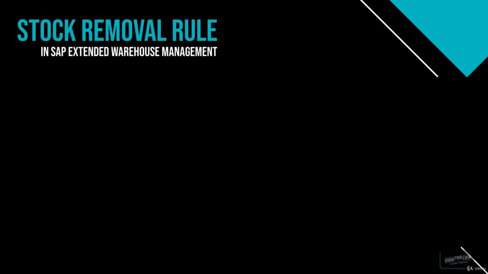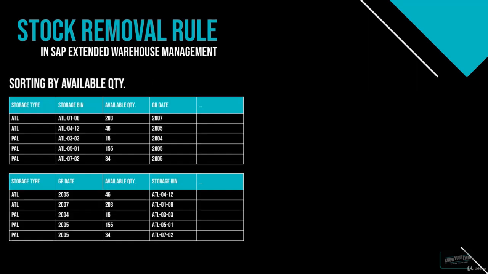Now, to finish the topic about the stock removal rules, we want to mention some aspect which we think is pretty important. When we execute some sort of sorting by the available quantity, again, like we did it in this schematic presentation before, we need to think about what we actually want.